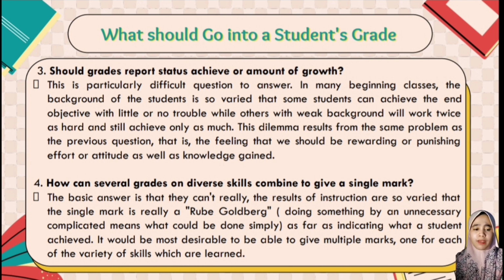A positive aspect of this is that much of the uncertainty which often accompanies grading for students is eliminated, since they can plot their own progress toward the desired grade. The students have little uncertainty about where they stand.